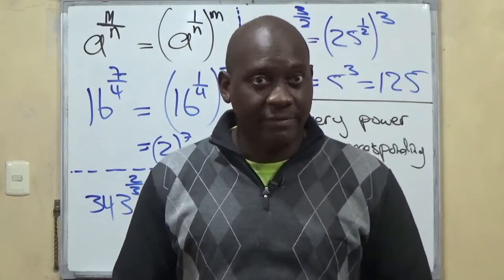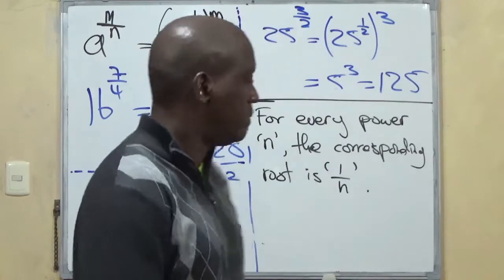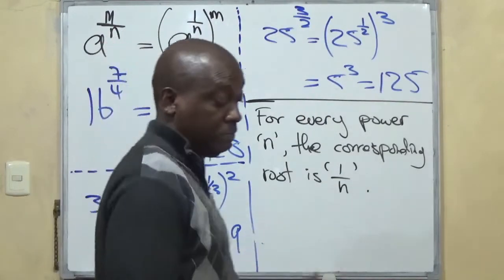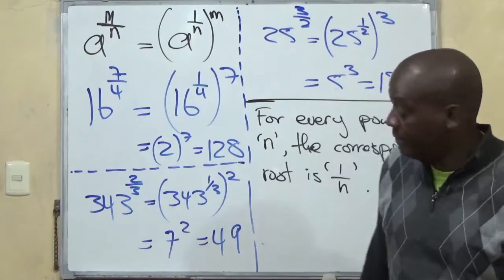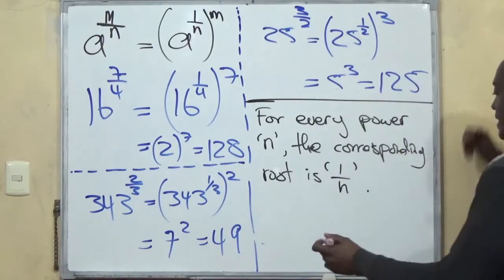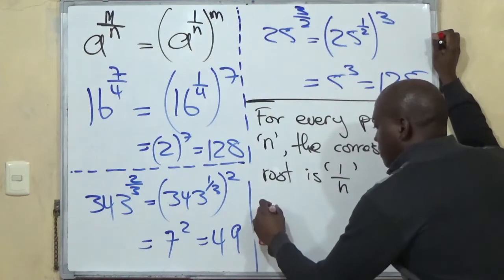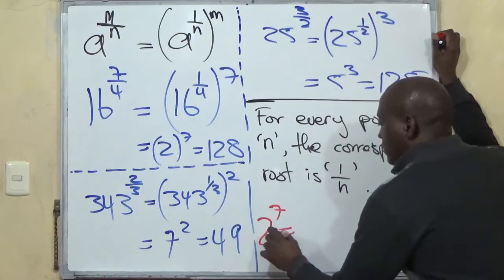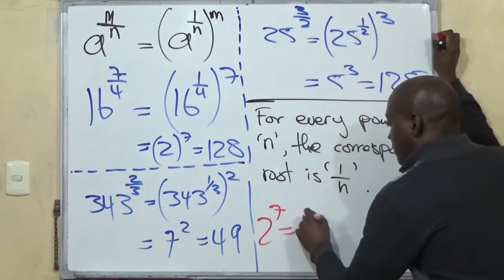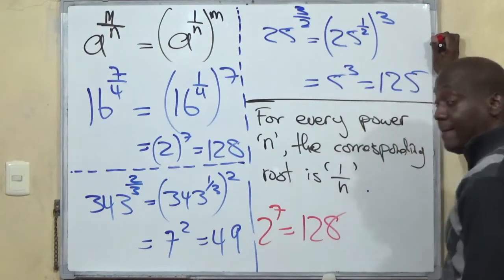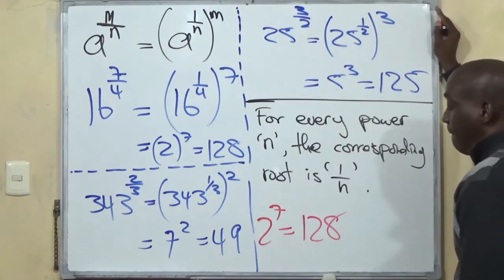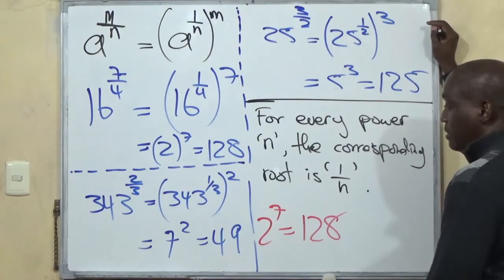All right, let me use a different number, make life a little more interesting, right? If the 7th root, 2 to the power 7 is 128, then, sorry, not the 7th root.